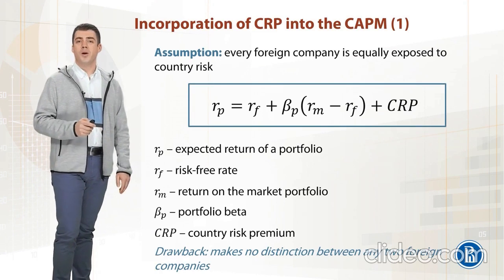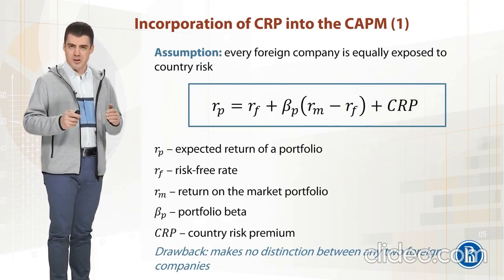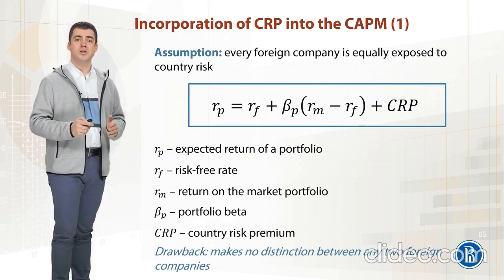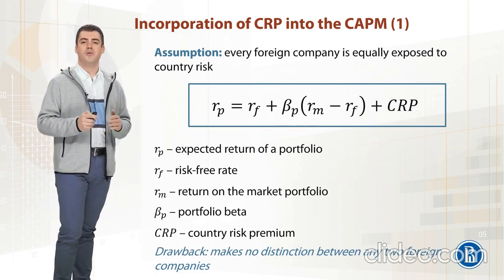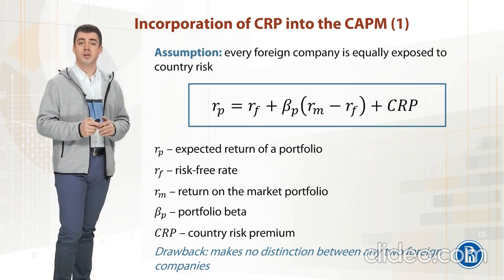We can incorporate the risk premium that we have worked out into the capital asset pricing model using several different ways. The first approach assumes that every company in the foreign country is equally exposed to the country risk.